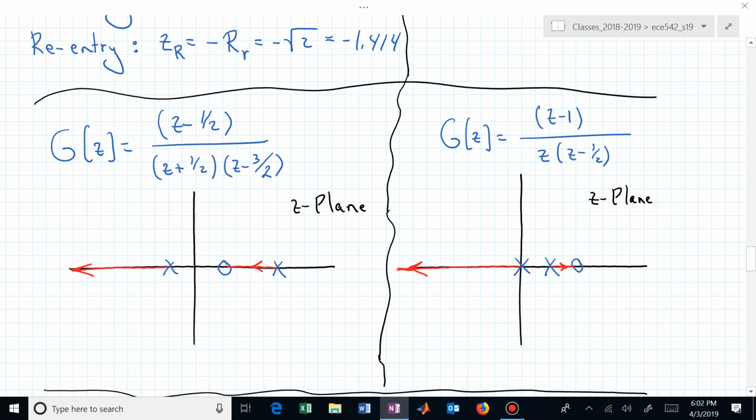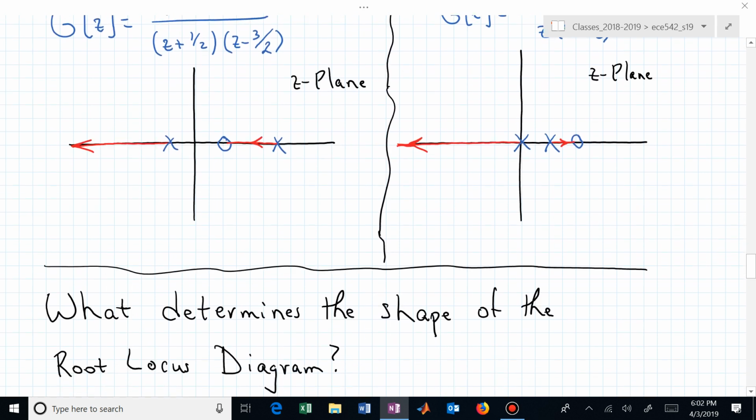And those zeros at infinity are at locations determined by the asymptote angles and what we will determine to be our centroid. We haven't gotten there yet, but we'll get there eventually. Those are some examples of root loci and what they look like.